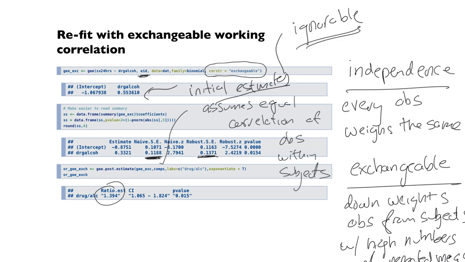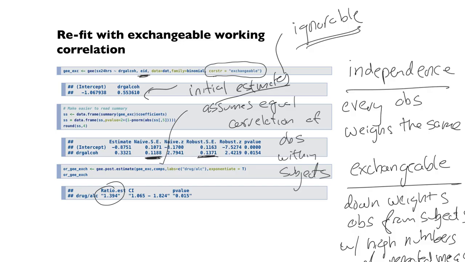Thank you. So the naive assumes equal correlation of observations within subjects, and it does that both in the independence and the exchangeable? In the independence, it doesn't estimate correlation because it's using a working model to estimate the coefficients of independence, which is just like standard logistic regression.